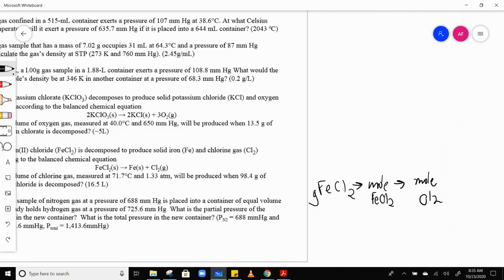So we have our 98.4 grams of FeCl2, and it's 1 mole over the molar mass of FeCl2, which I got to be 126.8.